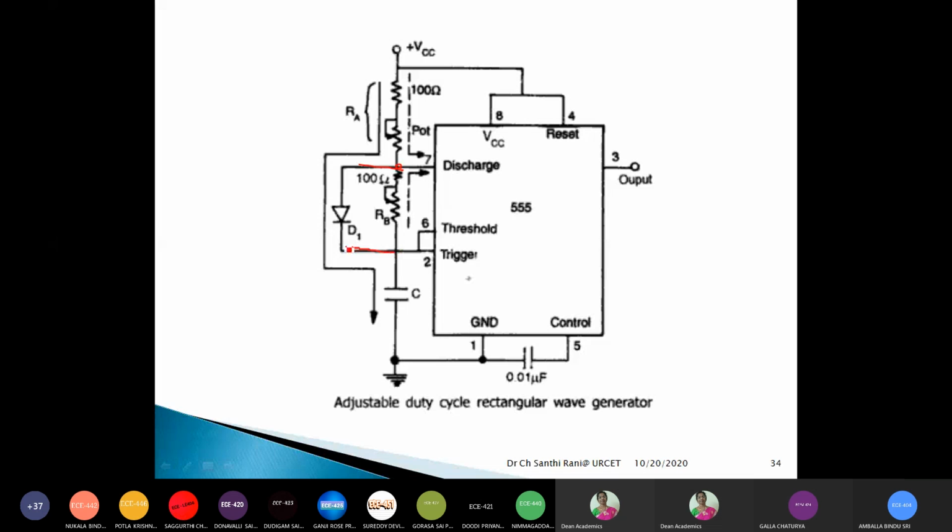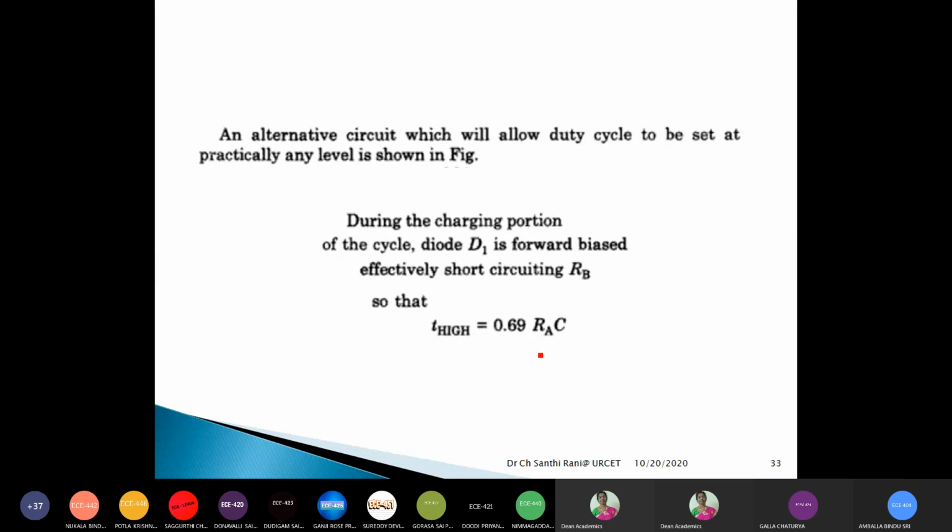Then what will happen? You just observe, during the charging process only RA is coming into the picture, right? So now this equation can be modified. T high also will be 0.69 times RA into C. Earlier we had written 0.69 times (RA plus RB) into C.